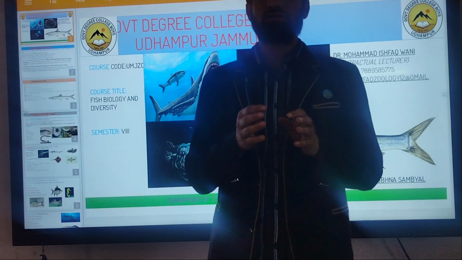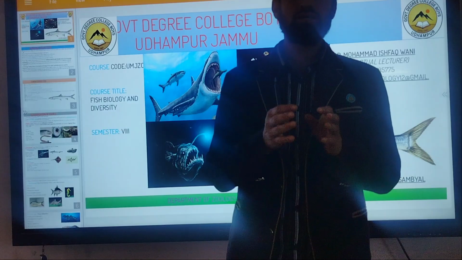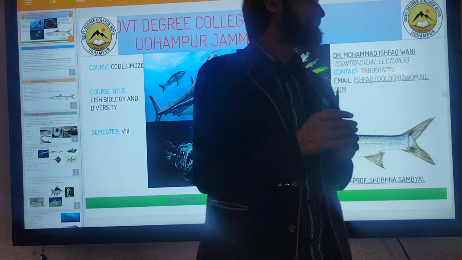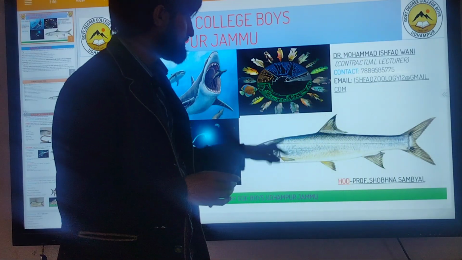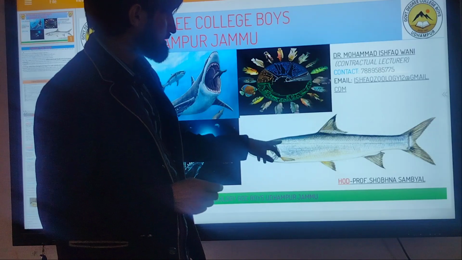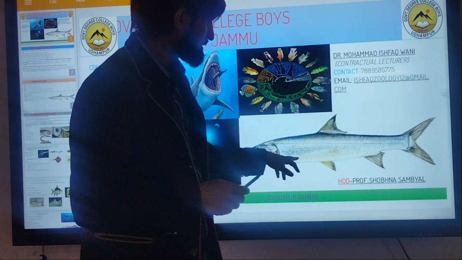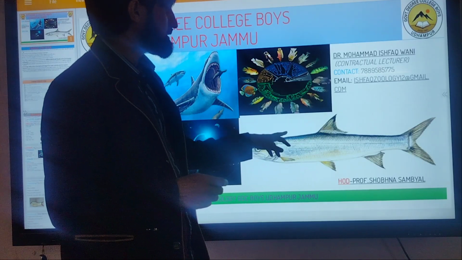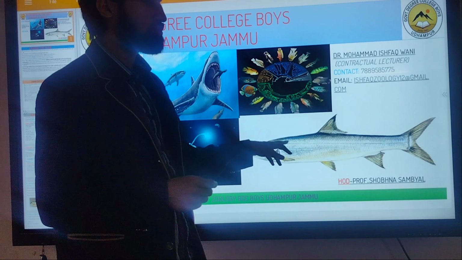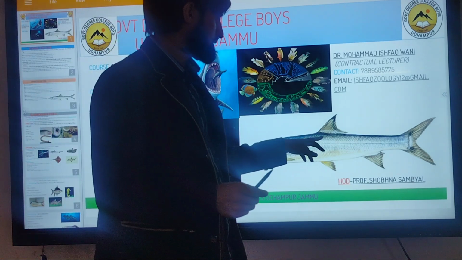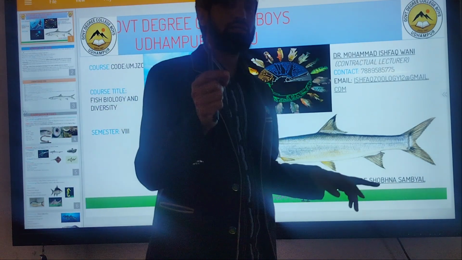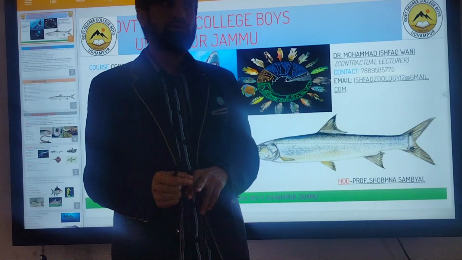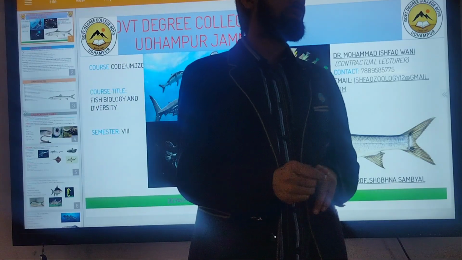We are dealing with the skin of the fish. You can see that the skin of the fish is beautifully colored. It is because the skin contains many types of chromatophores, and these chromatophores possess many pigments, many protein-like pigments.